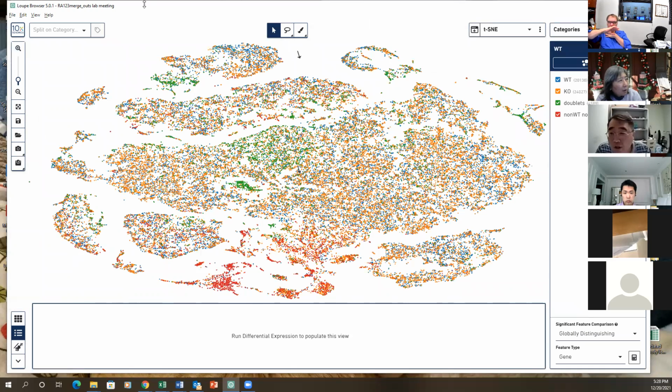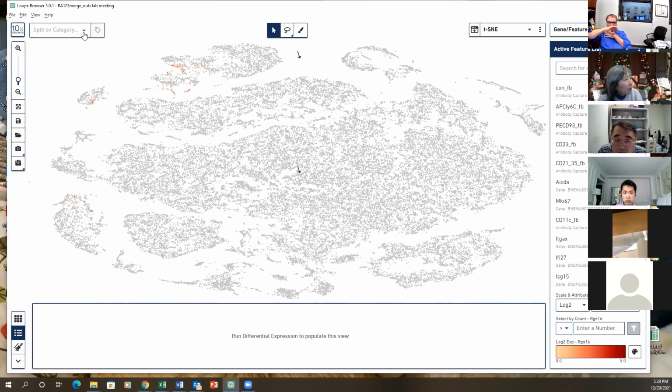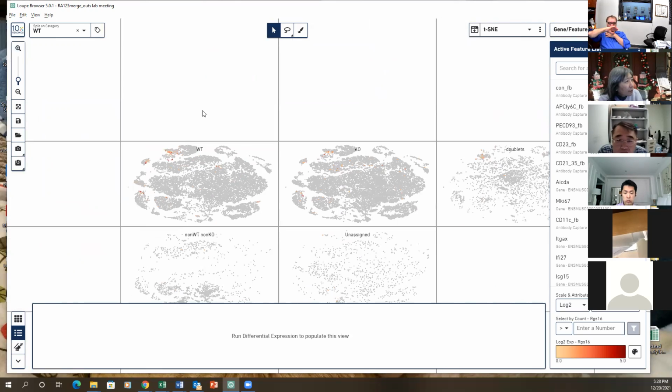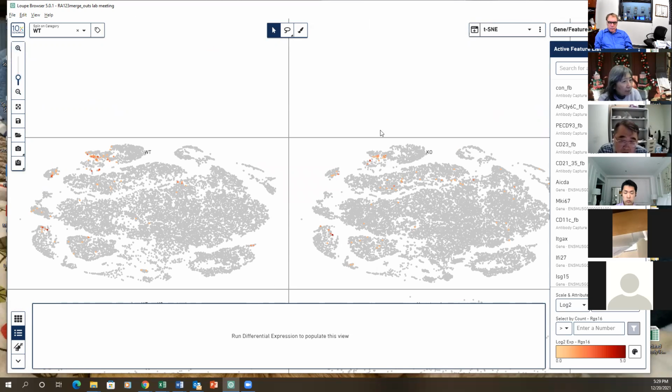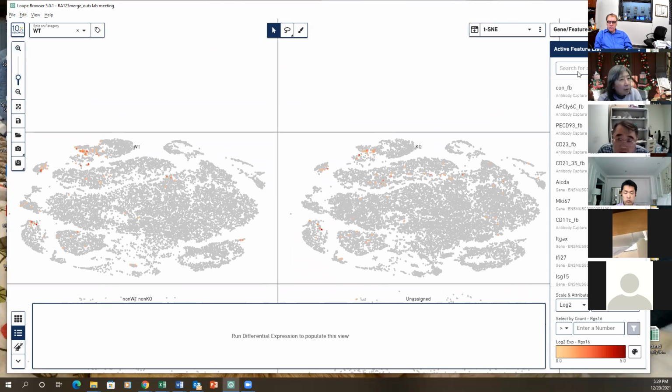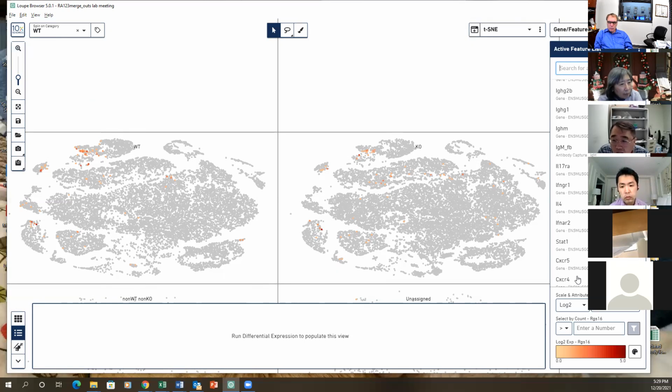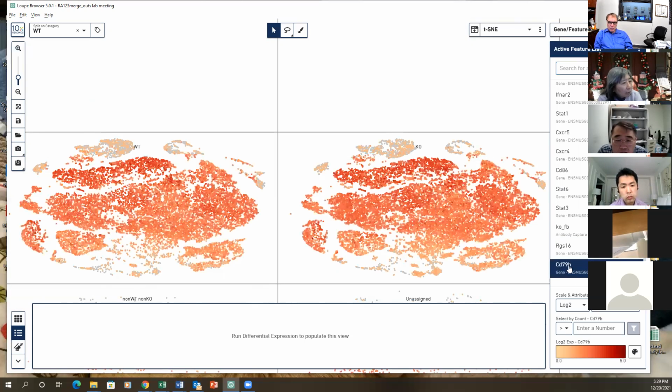Put them together. Can you check CD79B? Similar, a little bit, okay.